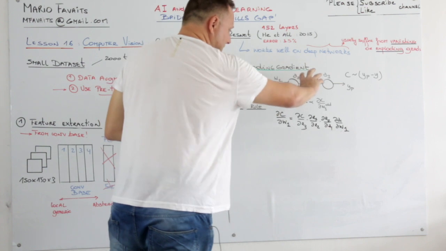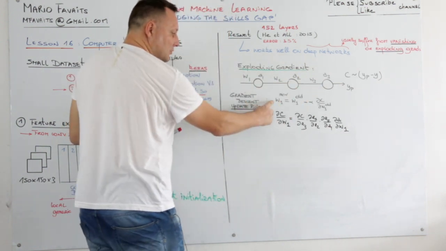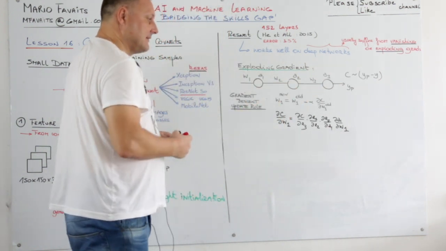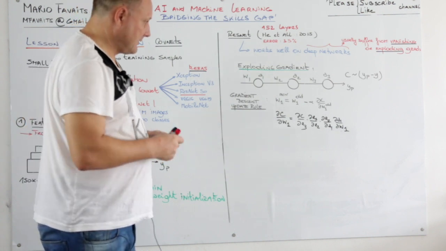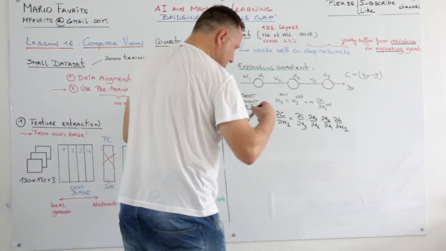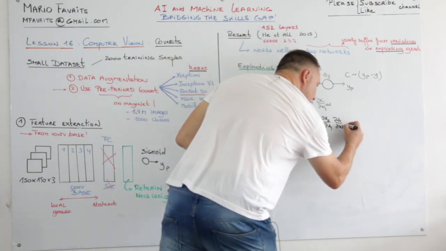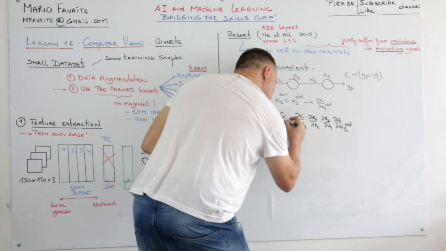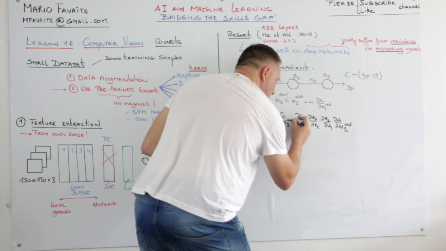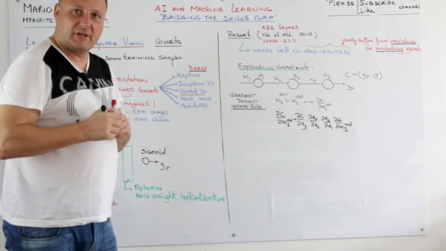So here is the same network, the same update rule, and the same chain rule. Here, that should be W1 old. And here as well, it should be old to be absolutely correct.